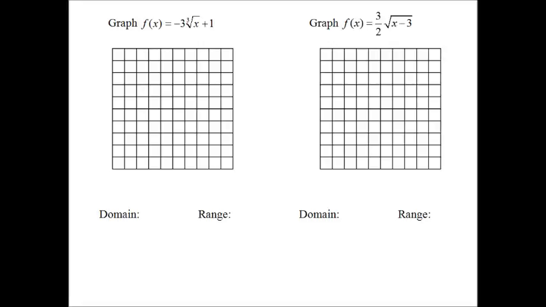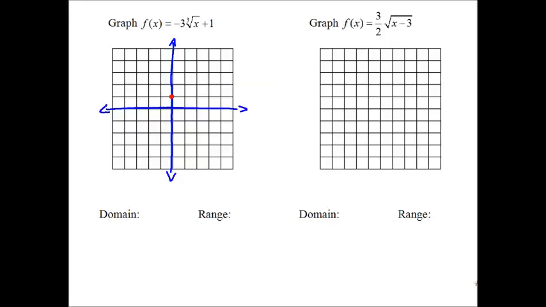Our function to the left is another cube root function. So we start off under the radical. We have no h, so we don't have to go to the left or right, but we do go one step up because k is 1. And now we have an a which is -3. So not only is the dilation 3, but also we have to flip.